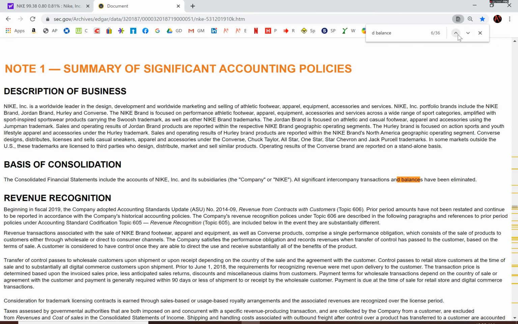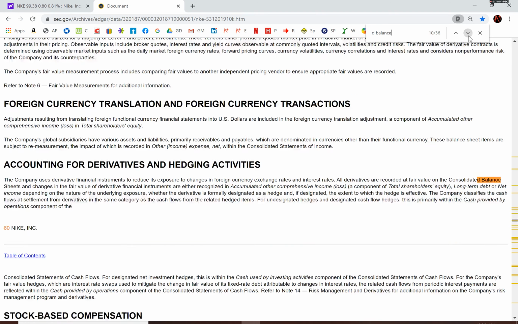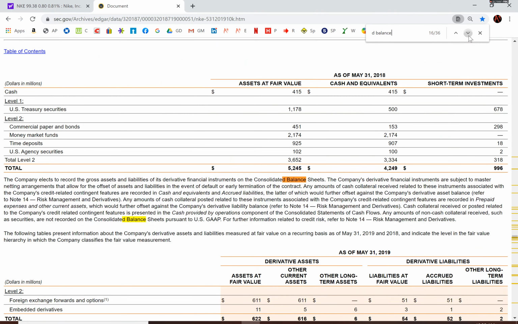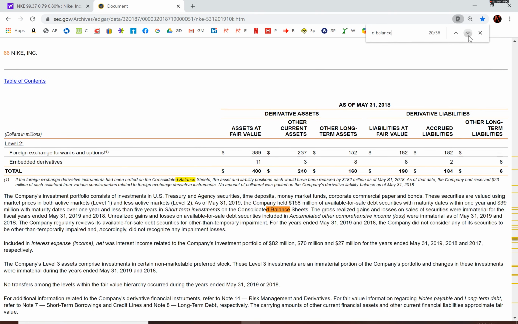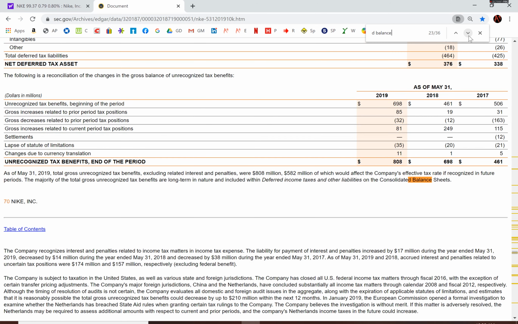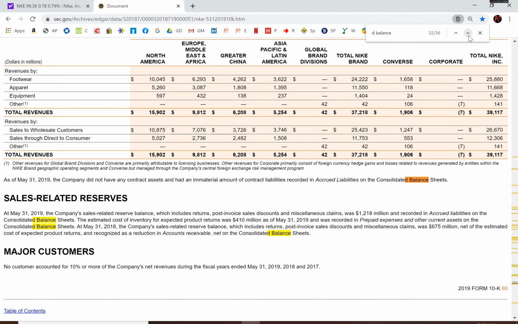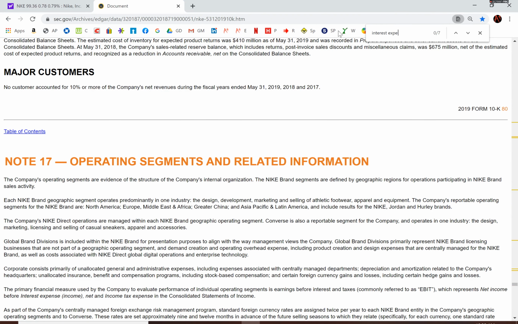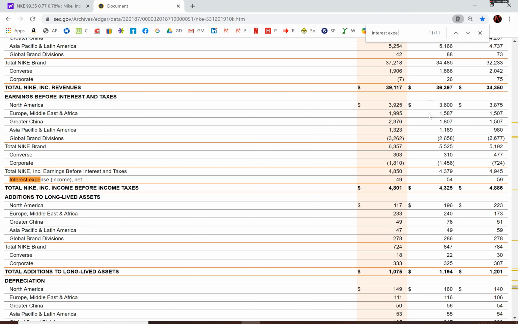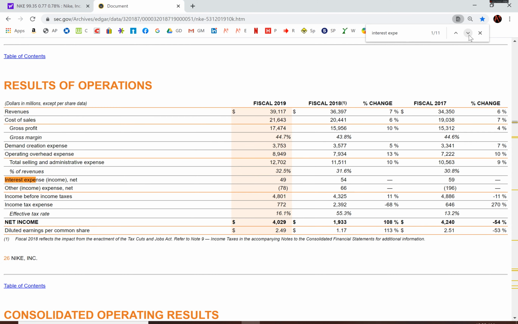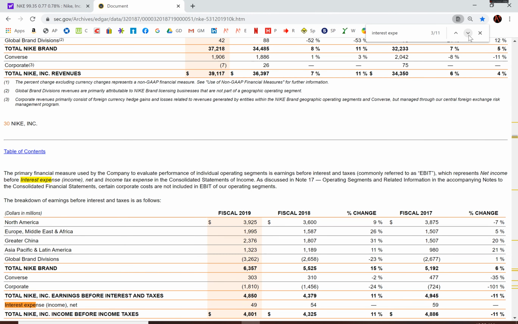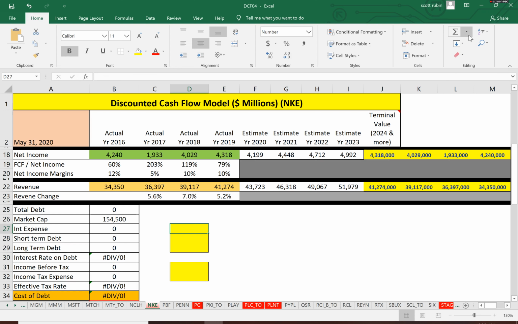Let's find the income statement in the 10K. Let's just search the term interest expense. $49 million. Looks like it's 49 million.